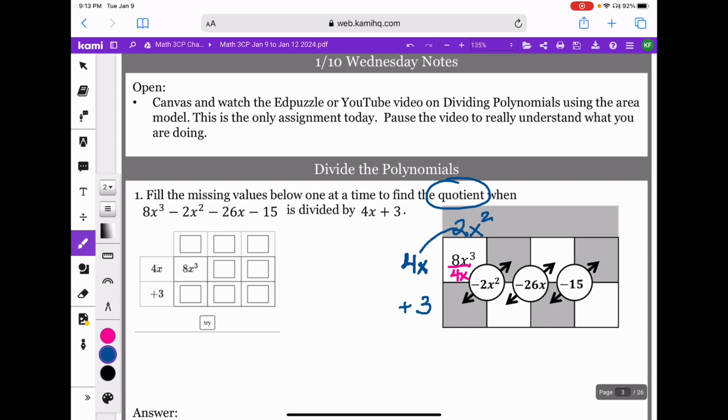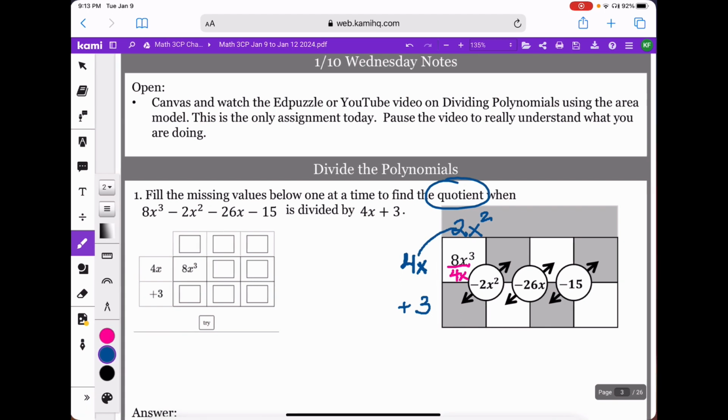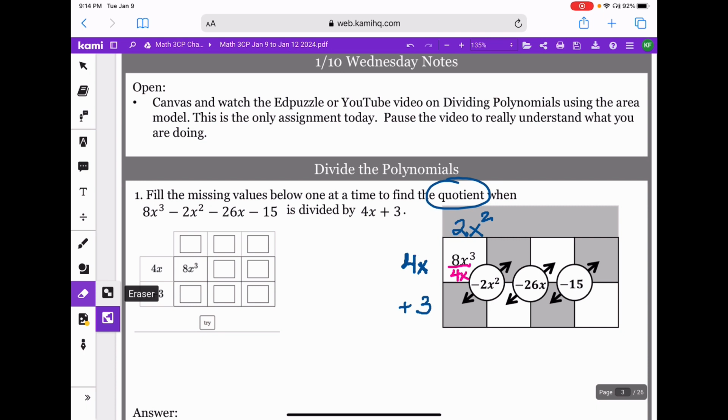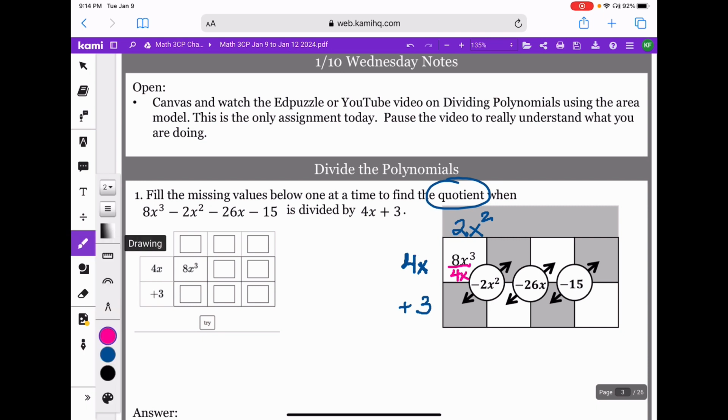Then, since you're distributing here, trying to do this in pink, then you also have to distribute down below. So you have to be careful about that. So this would be 2 times 3 is 6, and then it's x squared.